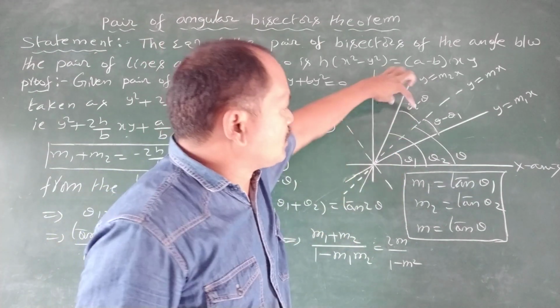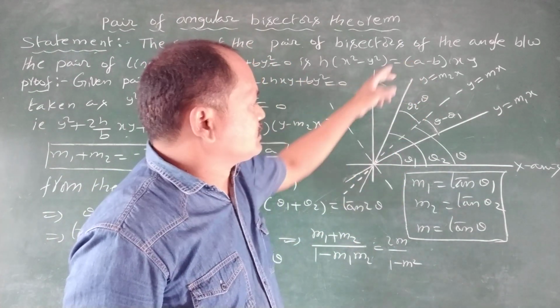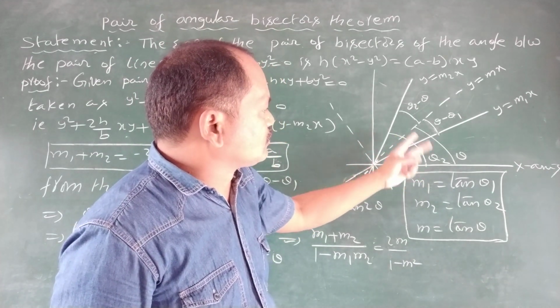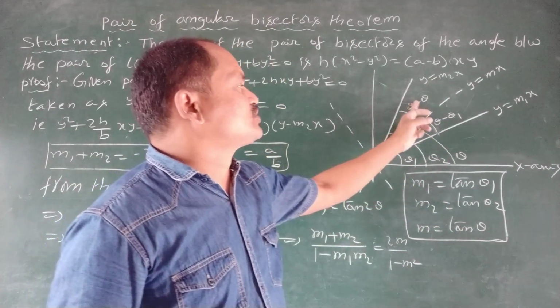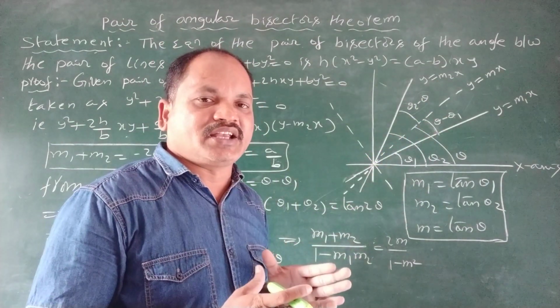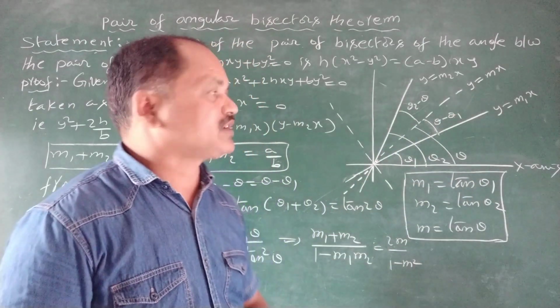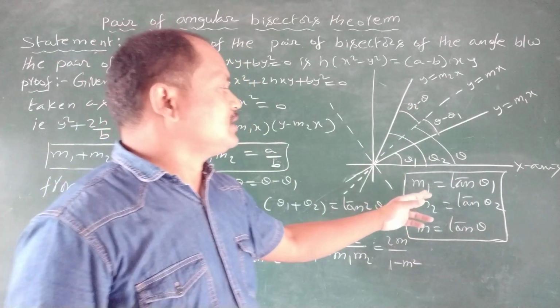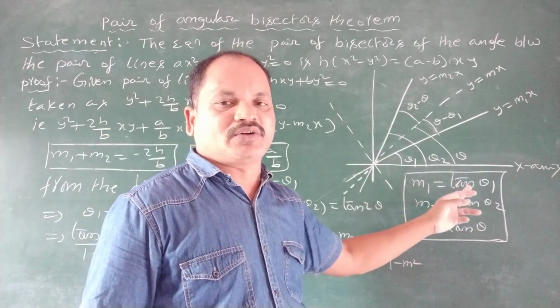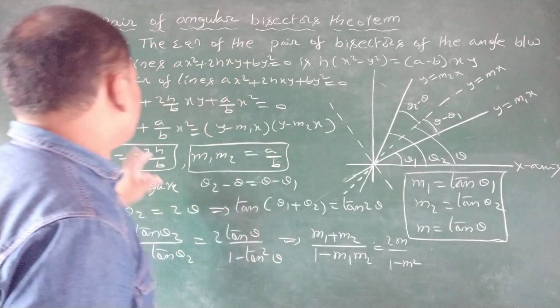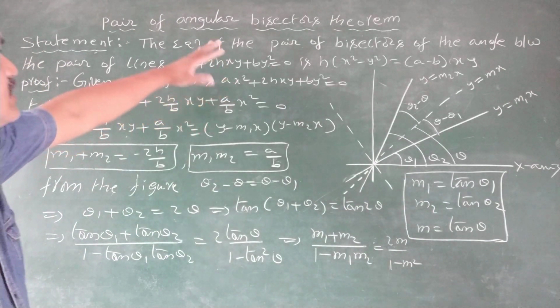Now this required part, this is total theta 2, so it is theta 2 minus theta. That's all. These two are equal. Why are they equal? Since this is the bisector of the angle between them. So according to the slopes condition, m1 is equal to tan theta 1, m2 is equal to tan theta 2, and m is equal to tan theta.